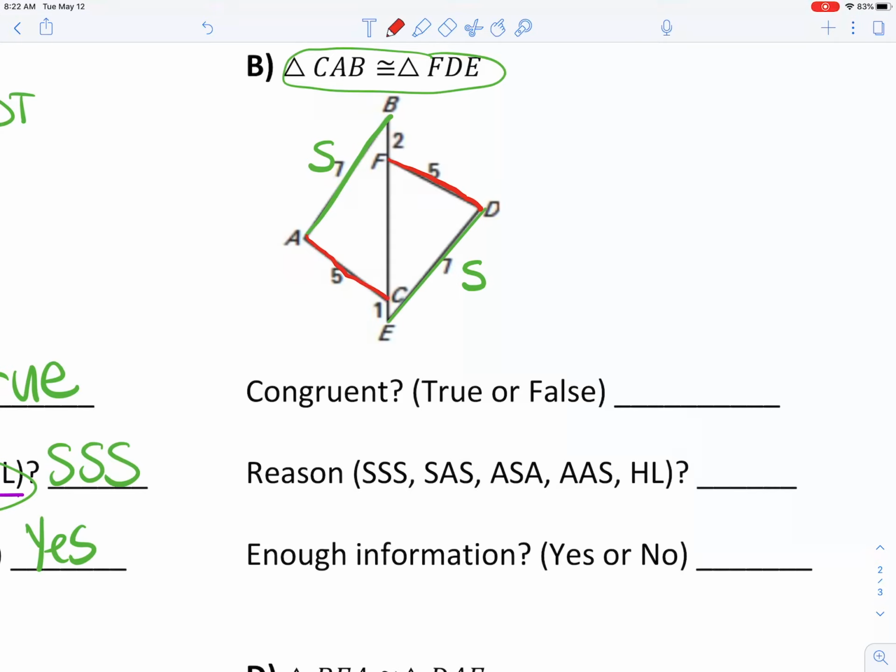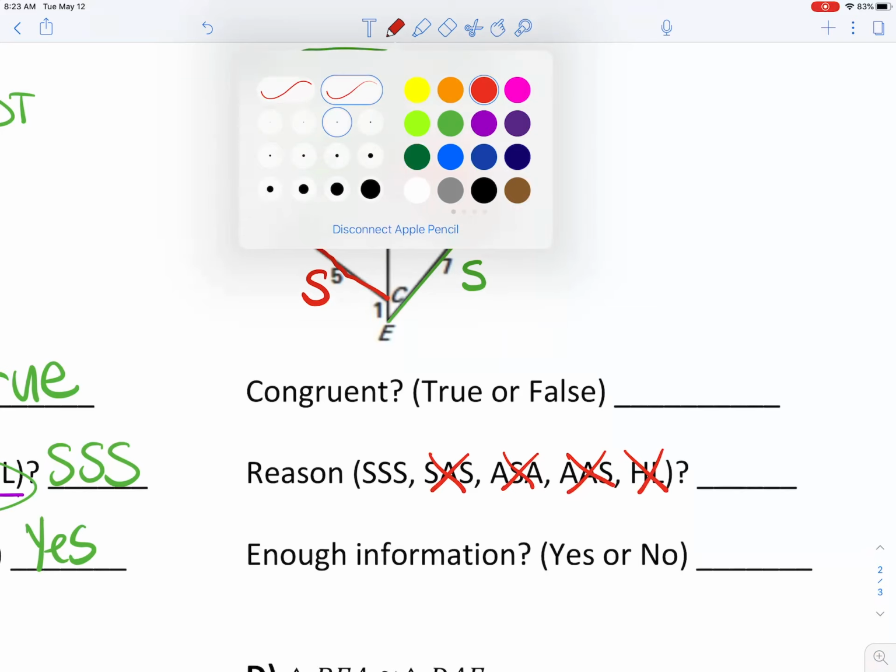I see that side FD is the same as side AC there because they're both 5, so that's another side. All right, no angles are marked. So that tells me that it can't be any of these ones with the angles because no angles are marked. All right, so now let's determine between the side, side, side or the HL. Well, I do not see any 90-degree angles there for a right triangle, so it's not HL. So maybe it's side, side, side.